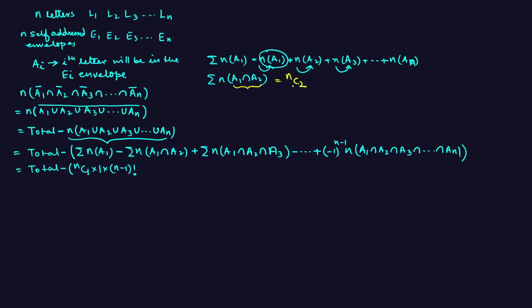This is the total number of ways in which two letters are chosen from the n letters, and now they are placed in the right envelope. That can be done in one way. And now we are left with n minus 2 letters and n minus 2 self-addressed envelopes. So n minus 2 letters can be placed in n minus 2 envelopes in, I'm sorry, not NC2, n minus 2 factorial different ways.